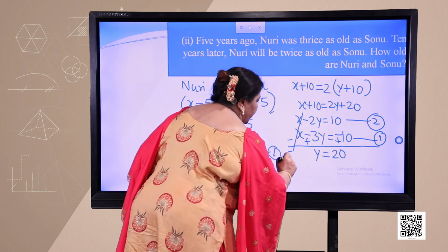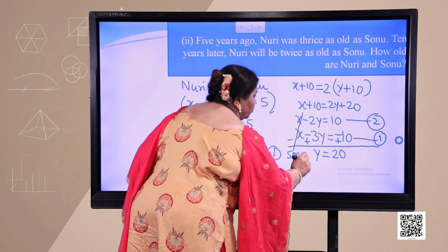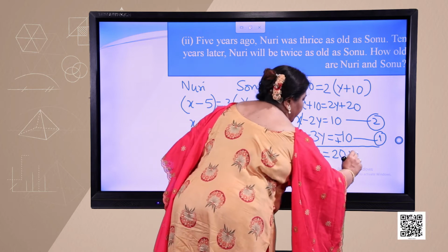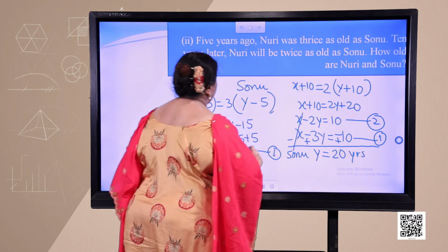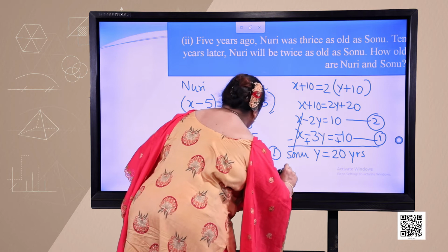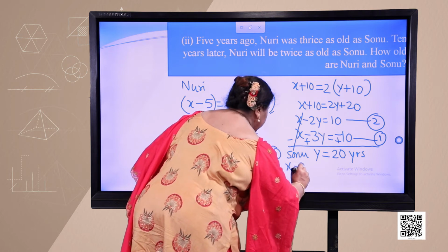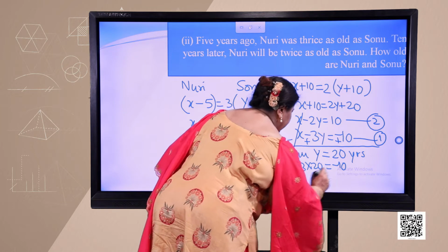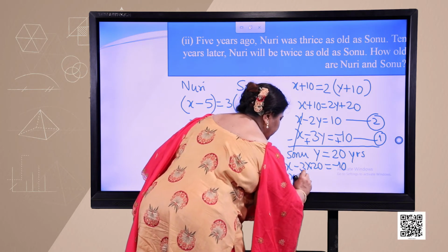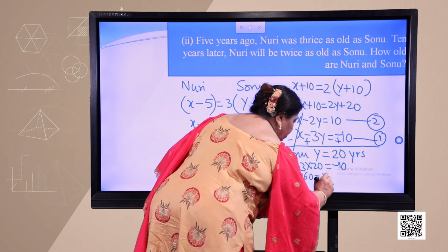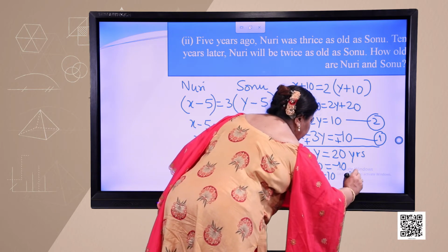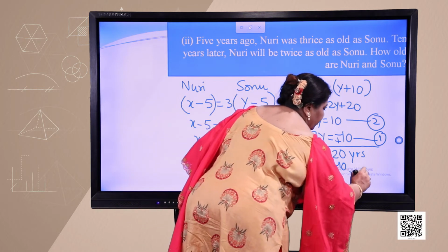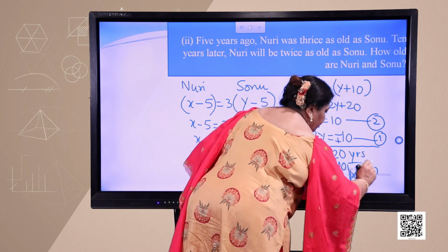So, we have got the age of Sonu, that is 20 years, and to find out the age of Noori, let me take an equation, x minus 3 into 20 is equal to minus 10. So, x minus 60 is equal to minus 10, that gives me x is equal to minus 10 plus 60. So, it is 50 years.